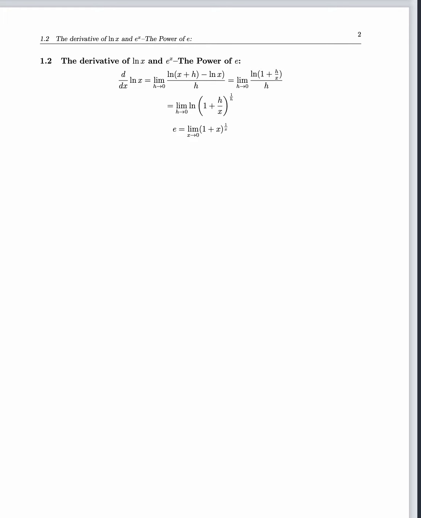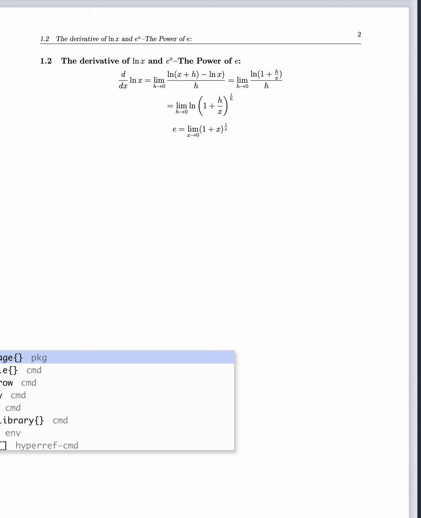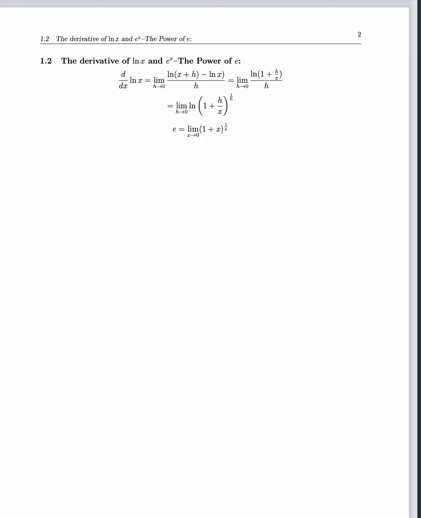So ln of 1 plus m to the power, so I can write it in this form.